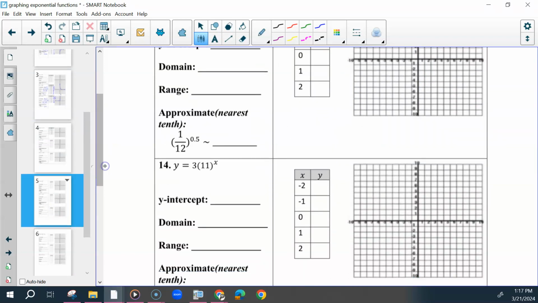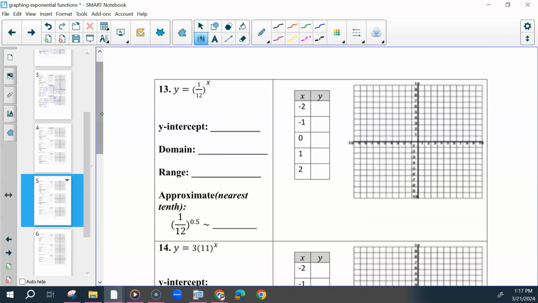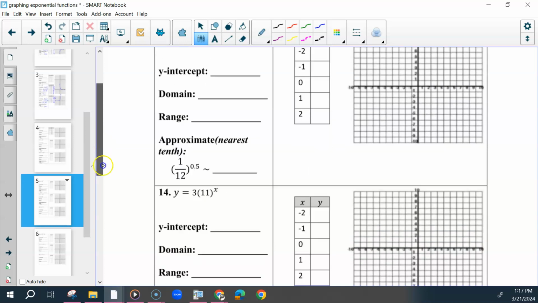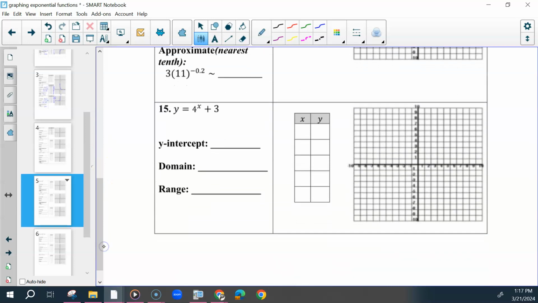So as you keep going in this, you'll notice that there's only 2 columns in the table instead of 3, because I want you to be able to fill out your own y values. So we're going to do one of these, and actually the one we're going to do doesn't have any in the values, but we can still put in, start at 0, because we have to find our y-intercept anyway, and go backwards. -1, -2, 1, and 2.